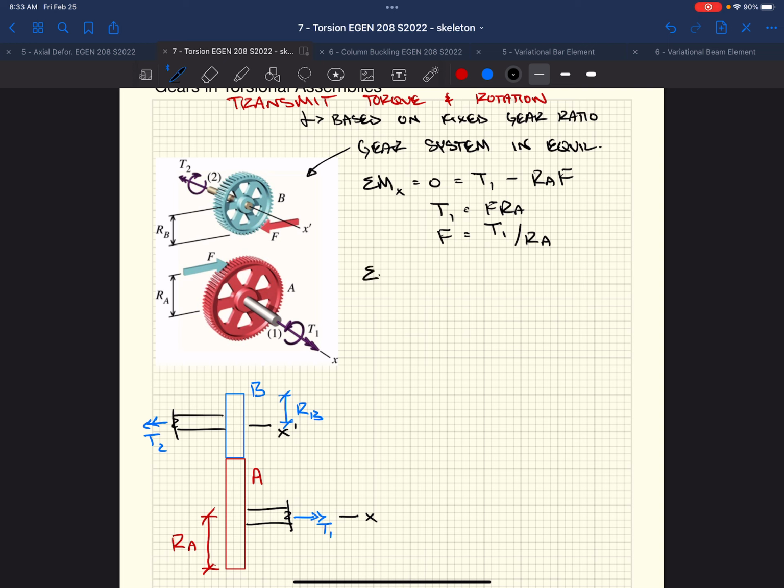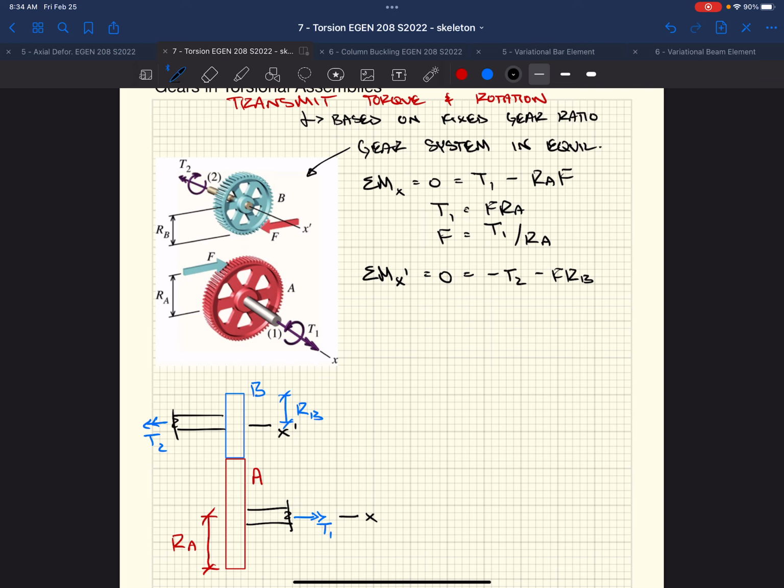Similarly, same exact process, but now we sum moments about the X prime axis. Now we're moving up to the free body diagram up above. We say that equals 0. We're going to get negative T2, because T2 is in the opposite direction from our X prime axis, minus F times R sub B. Looking at that, we've got T1 acting in the negative X prime axis.